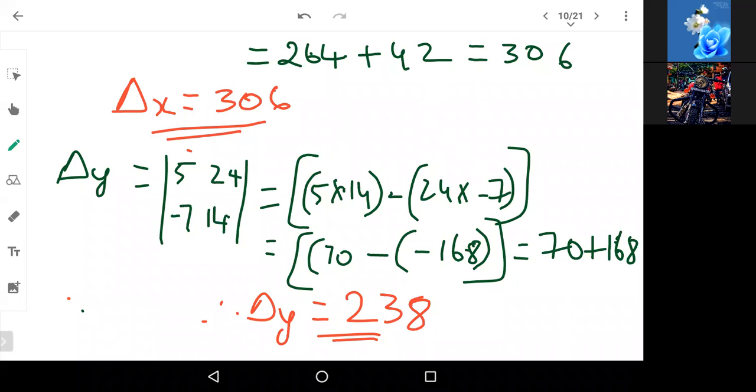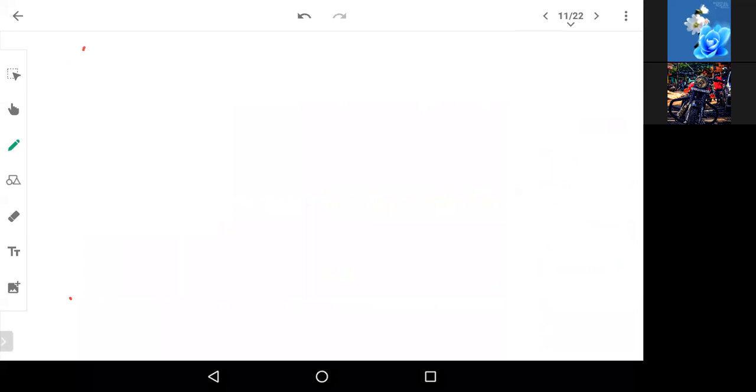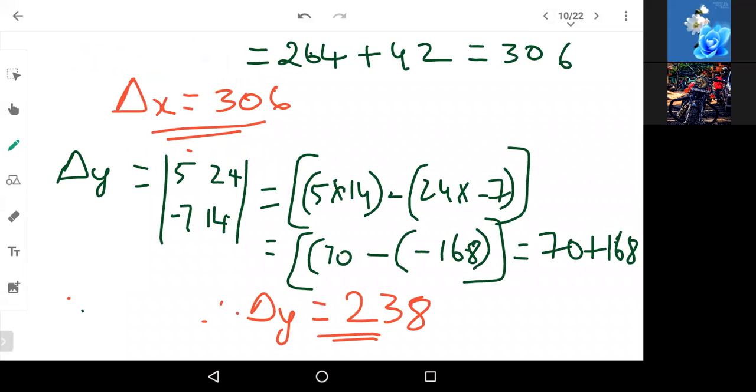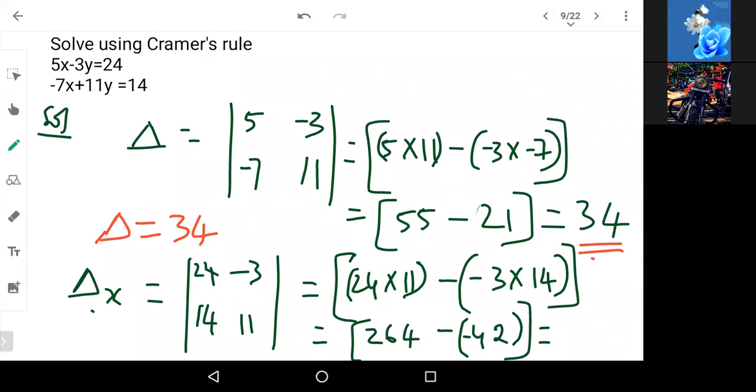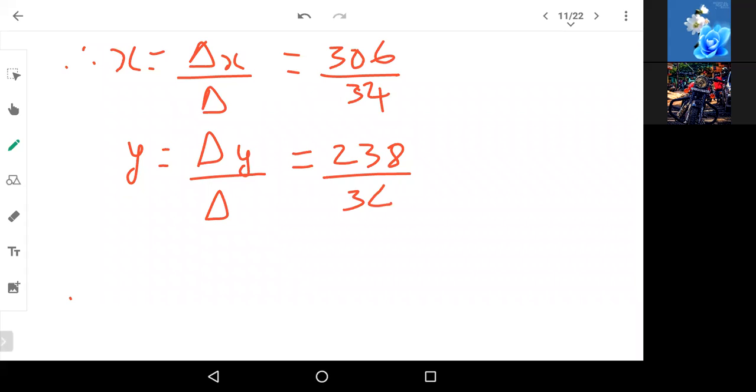Now let us find out the value of x and y. Therefore, x is equal to delta x divided by delta, y is equal to delta y divided by delta. So what is delta x? Delta x is 306 and delta is 34. So 306 by 34 and delta y is 238 by 34.